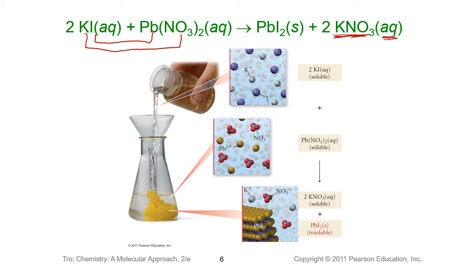So our net ionic equation in this case would be Pb2+ + 2I- gives us our lead iodide solid.